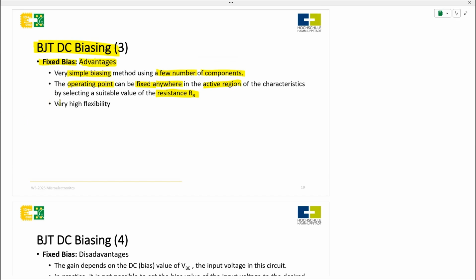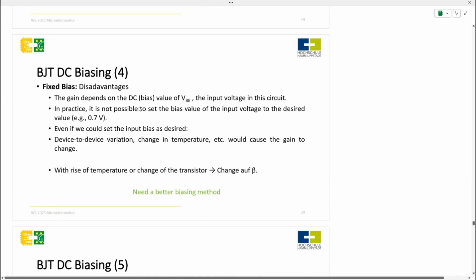When we say changeable and so on, this means very high flexibility.